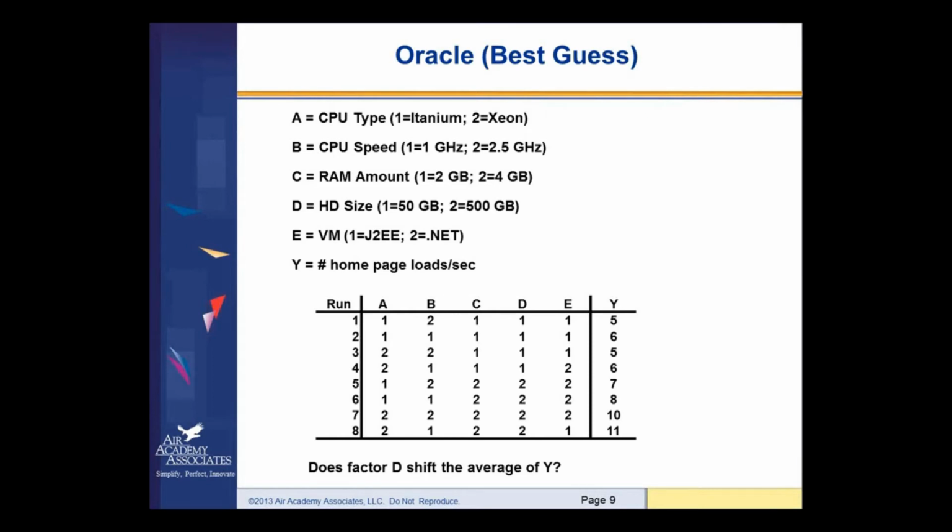We have perfect vertical balance throughout all of the 5 columns because you have 4 1s and 4 2s in each column. But if you look more closely at columns A and B, we also have horizontal balance, not only vertical balance, but horizontal balance. For the 4 1s that you see in column A, for 2 of the 1s you have a 1 setting, and for 2 of the 1s you have a 2 setting.